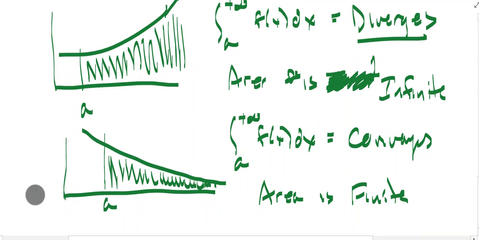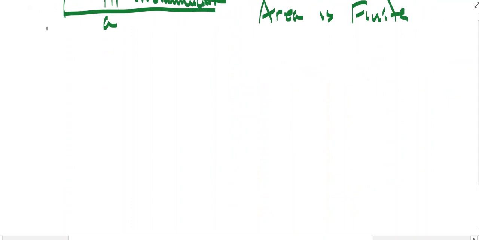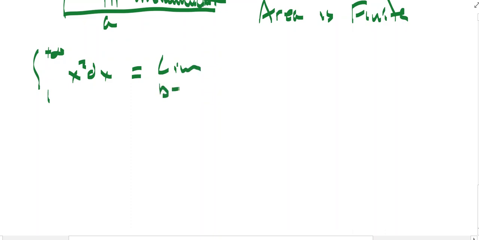The first example that I want to do will be the integral from 1 to positive infinity of x squared dx. So we want to write this as the limit as b approaches positive infinity from the left of the integral from 1 to b of x squared dx.